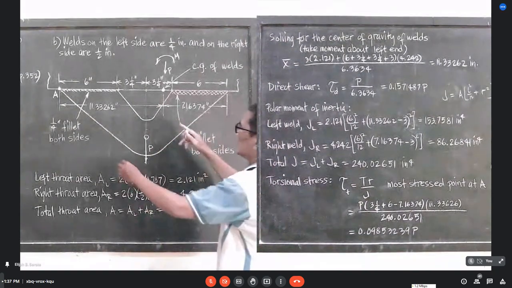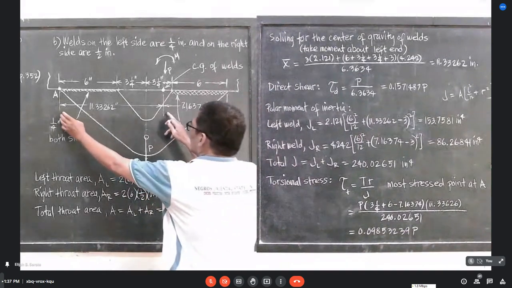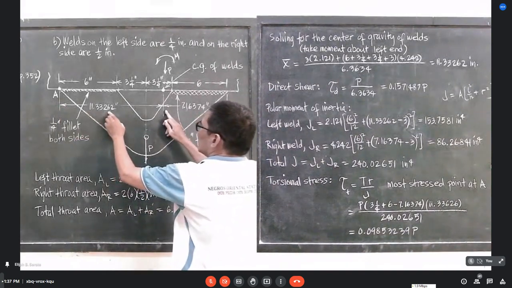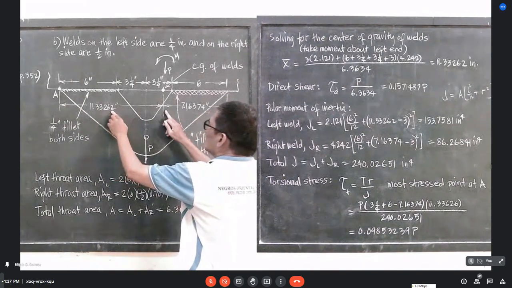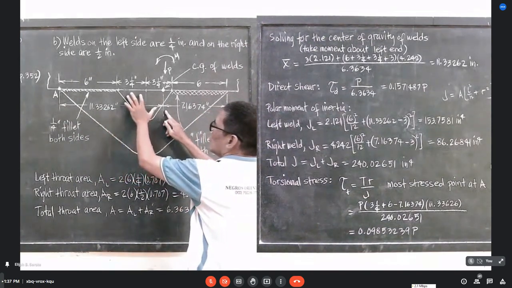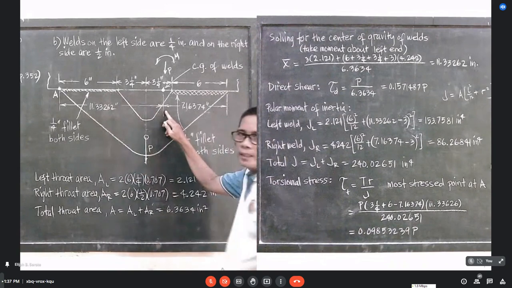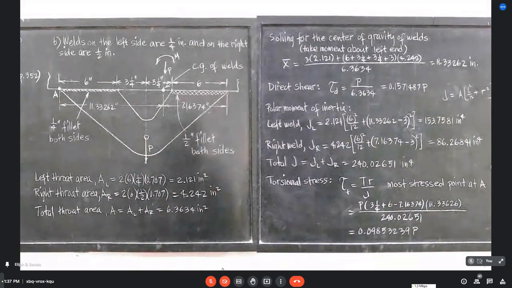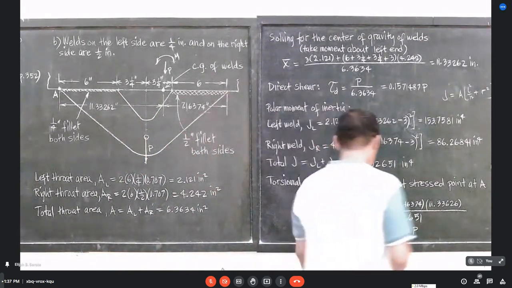It is 11.3362 minus 6 minus 3.304. Is that right?